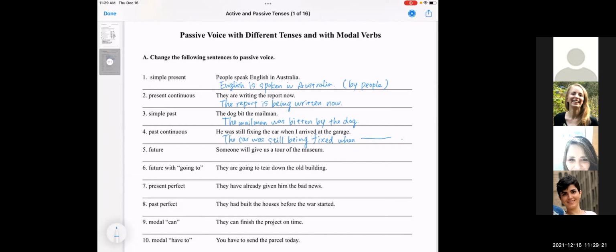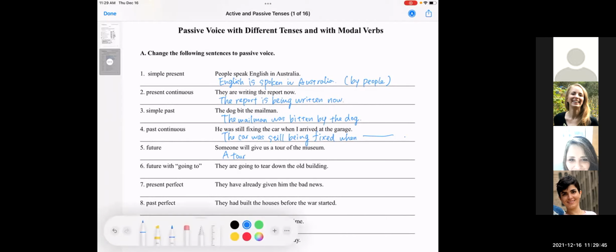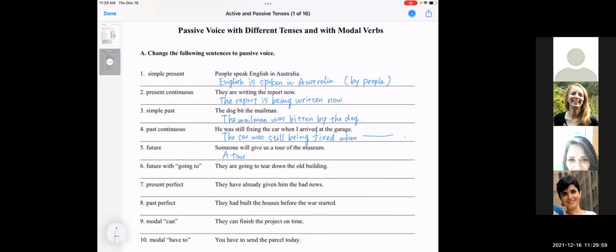Someone will give us a tour of the museum. For this sentence, first find the verb, then find the subject and the object. A tour of the museum is the object... wrong, object.